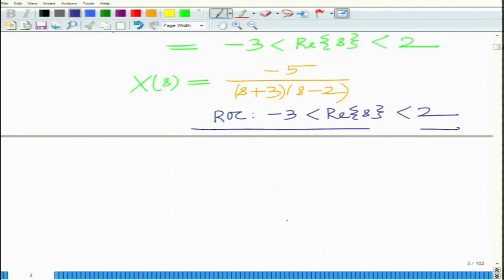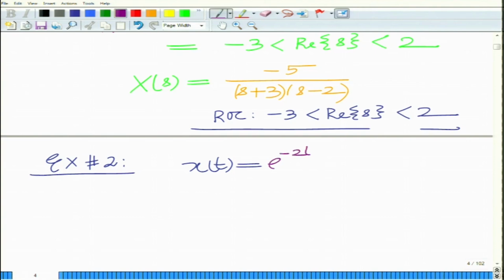Okay, all right. Now, let us look at another example. This is the second example problem to understand how to evaluate the Laplace transform. So, I have x(t) equals e raised to minus 2t u(t) minus u(t minus 5).